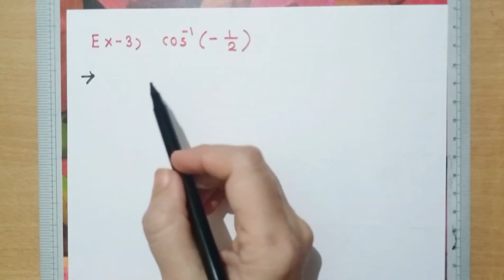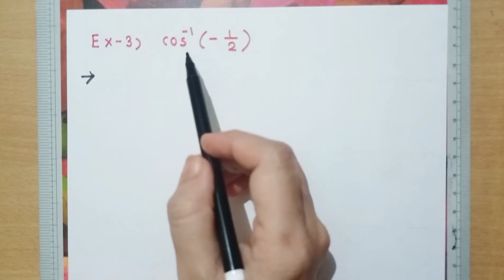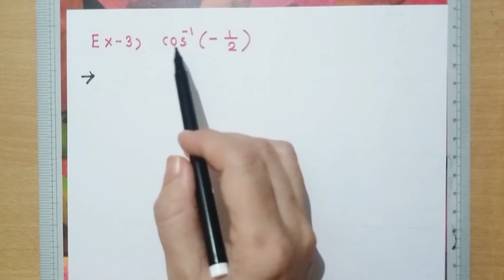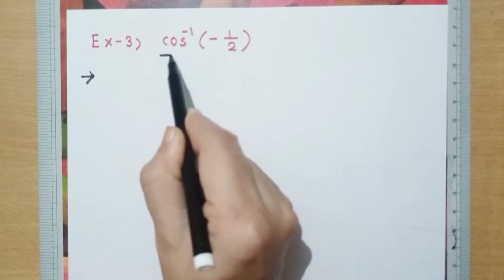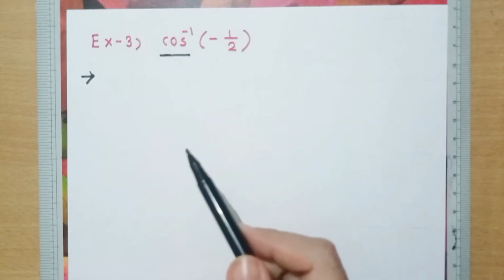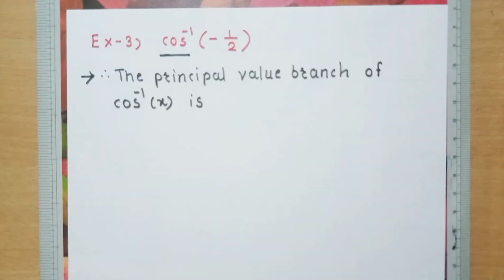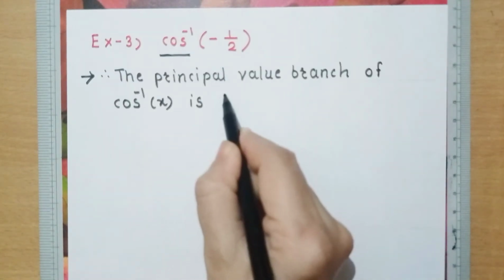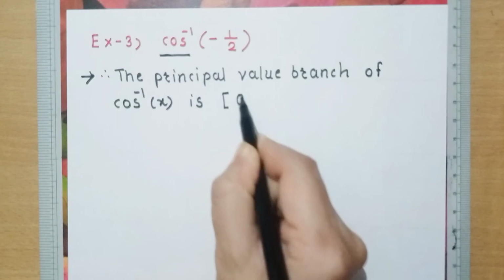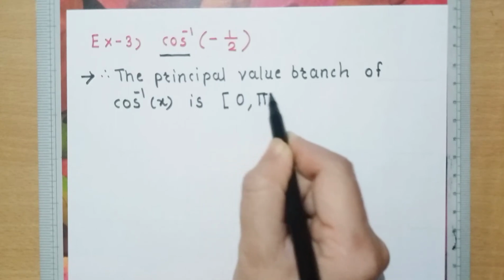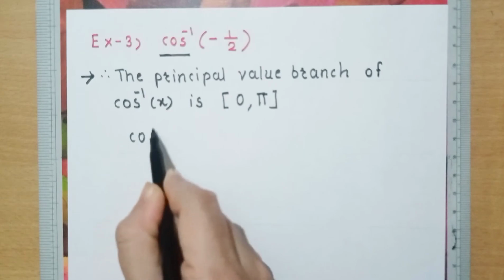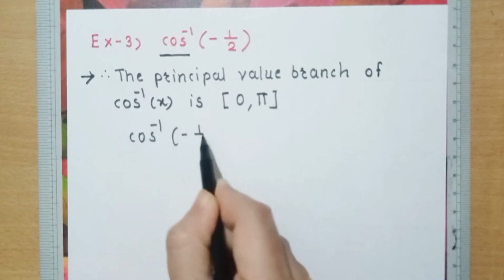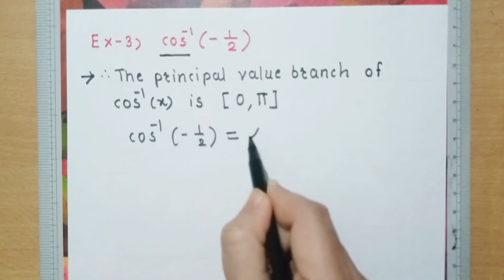This is our third example, and here we have to find the principal value of cos inverse of -1/2. First we will write the principal value branch for cos inverse. This branch is the closed interval 0 to pi. So first we will assume cos inverse of -1/2 is equal to alpha.